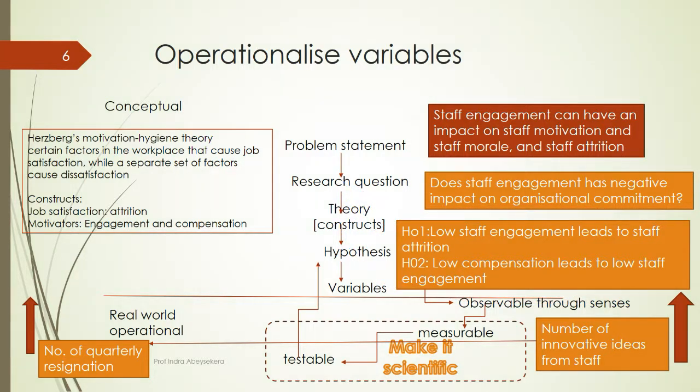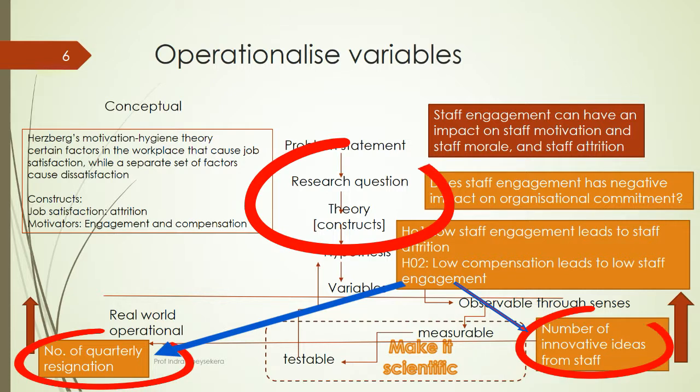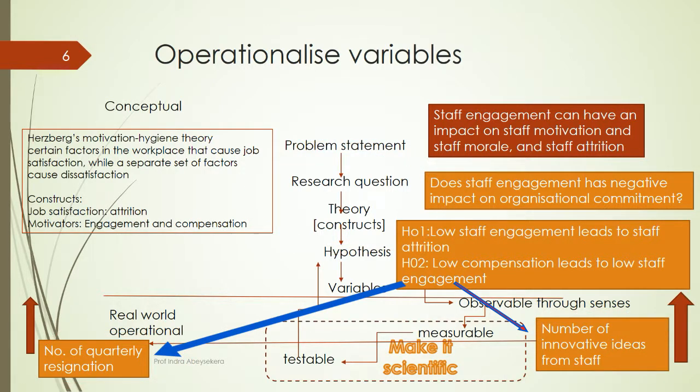Now we are going to measure attributes of these variables. We can measure the number of innovative ideas from staff, for example, as engagement, and for attrition, the number of quarterly resignations, and test whether there is a relationship so that we can test hypothesis 1, whether low staff engagement leads to staff attrition.